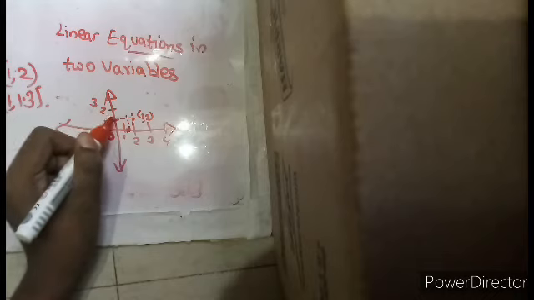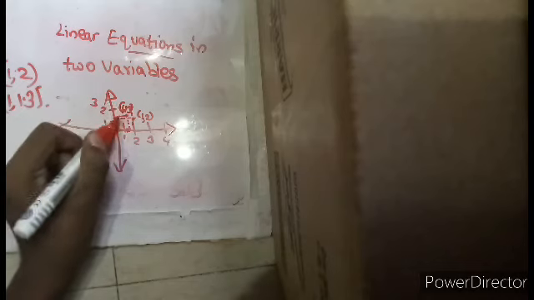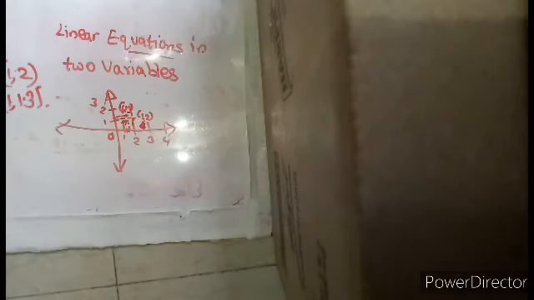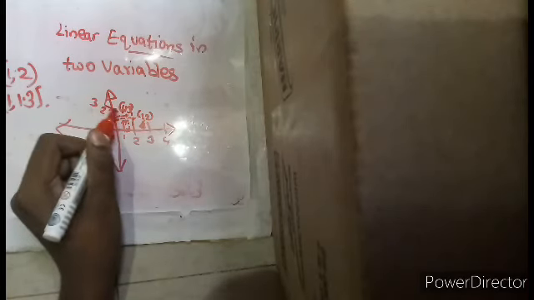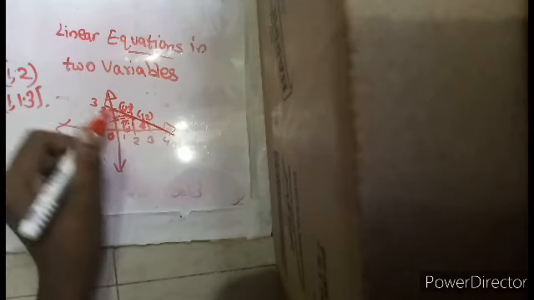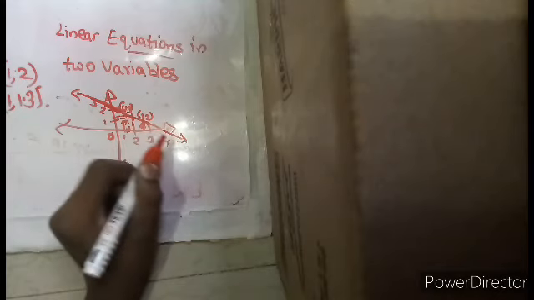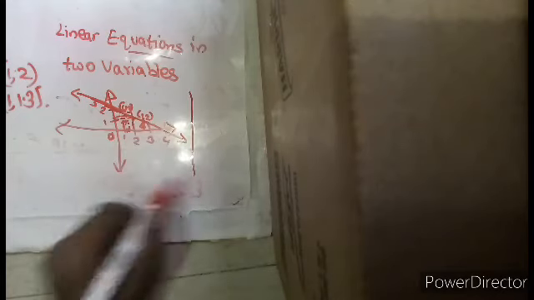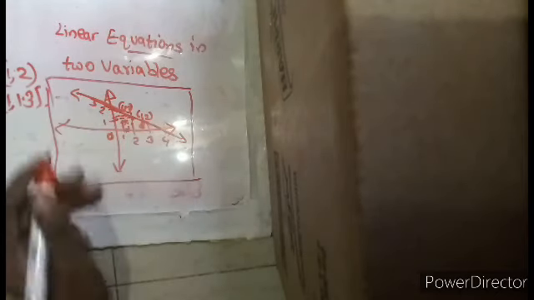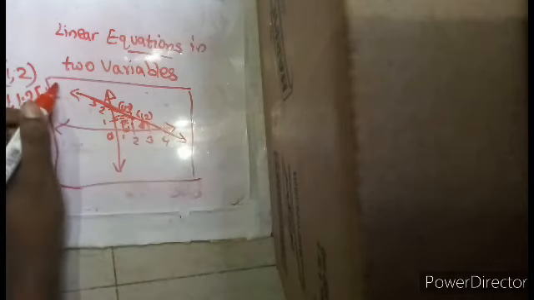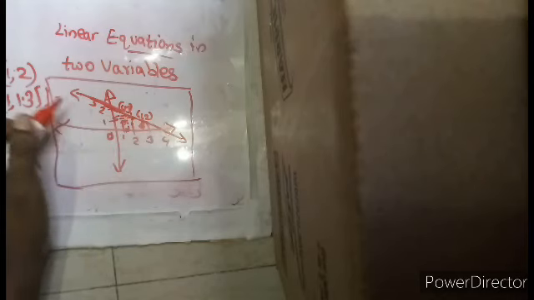Let's call them A and B, and then match them up. If there is a box, a graph, and outside there is any white line, you just need to mark at the end, or else somewhere on the line. You just don't need to draw it; I have drawn it because I don't have any graph sheet.